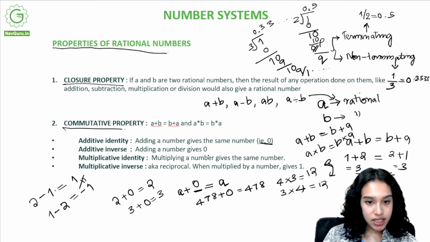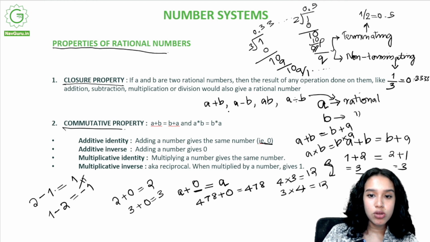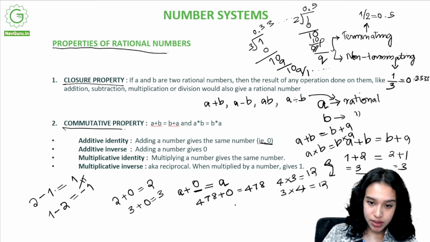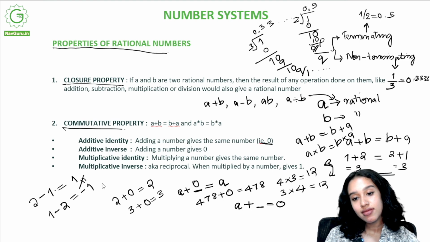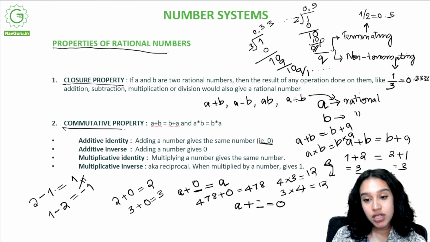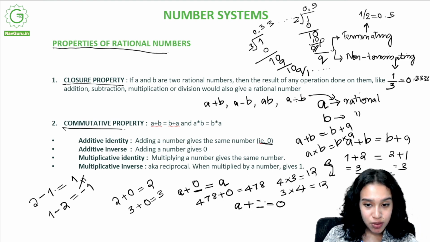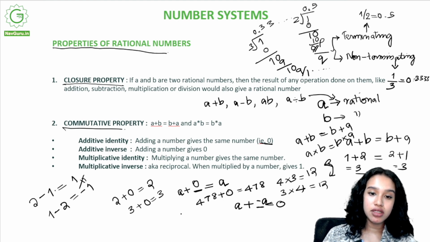Now we have additive inverse. So what is additive inverse? Let's consider a number A. If I'm adding this additive inverse to this number, it should give me 0. So what is this number here? It should be the negative of the number given.